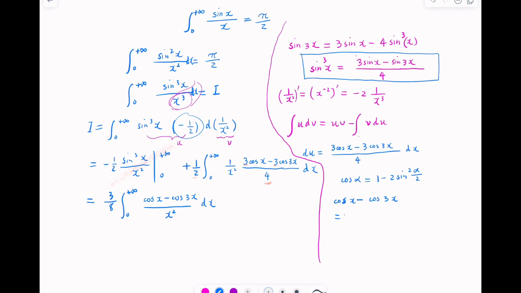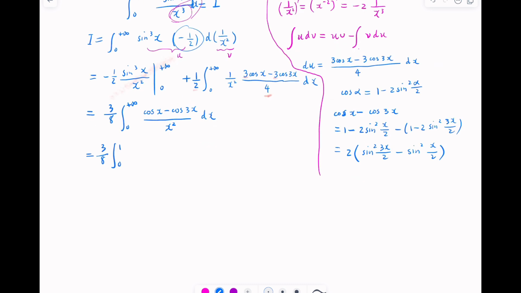So it's going to be 1 minus 2 sine square x over 2 minus 1 minus 2 sine square 3x over 2. 1 and 1 cancel. We're going to switch the order, so 2 times sine square 3x over 2 minus sine square x over 2.